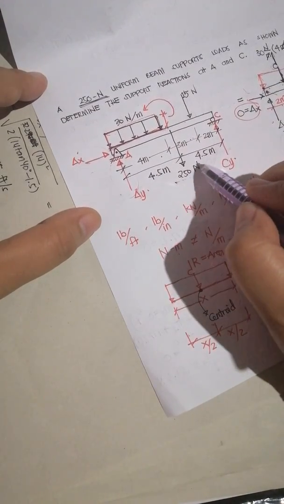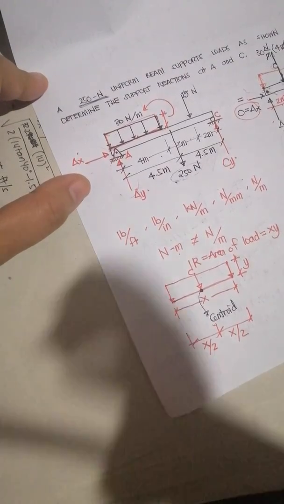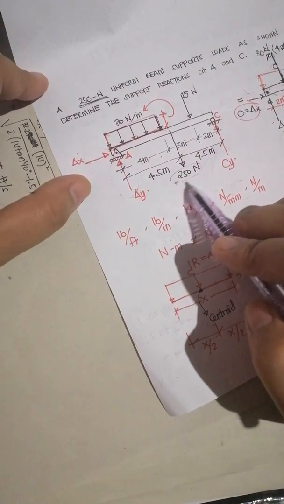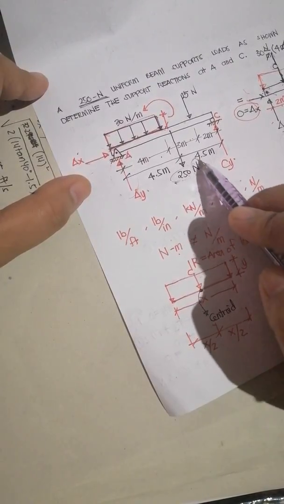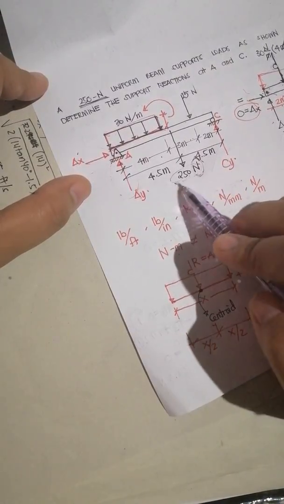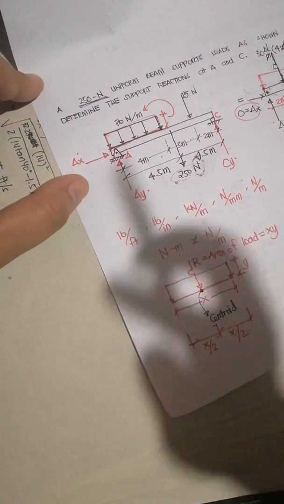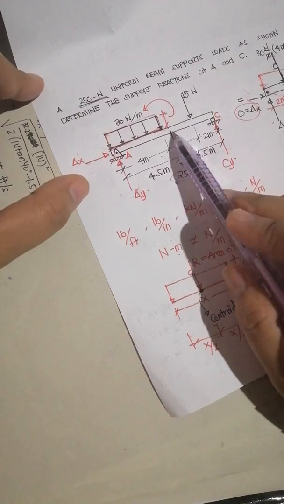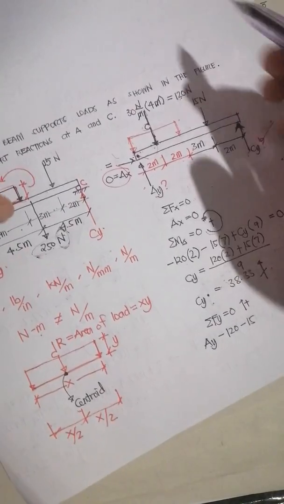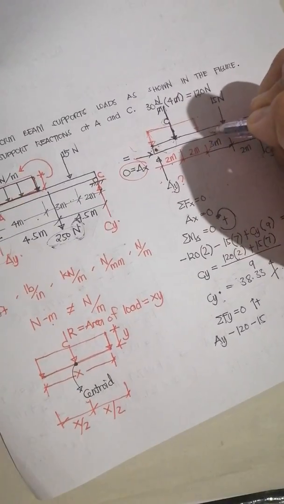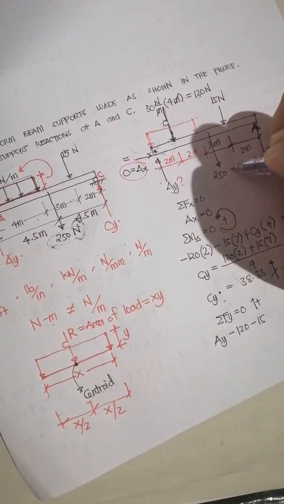You don't have to convert this or multiply by gravitational acceleration, because this Newton is already a unit of weight. It's no longer mass, it's already the weight of the wooden beam, so we have to include it here. So there is actually 250 Newton.